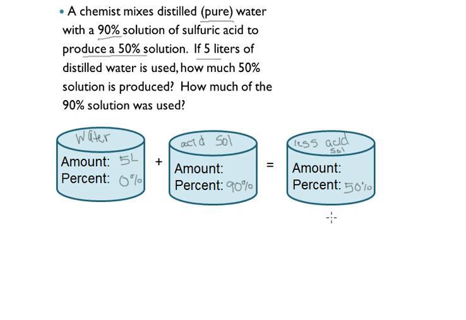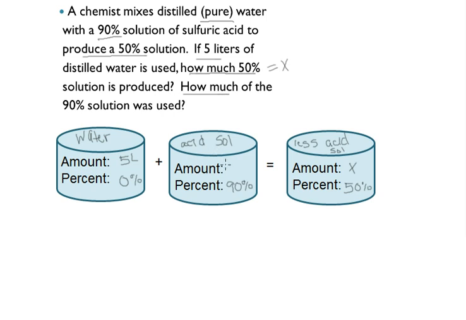Now I have to look at my questions because the way that the questions are asked dictates the way that I represent the amounts in the final 2 containers. The first question is how much of the 50% solution. So I'm going to let that equal my x. And so the amount of the 50% solution is x. However, they also ask me how much of the 90% solution.